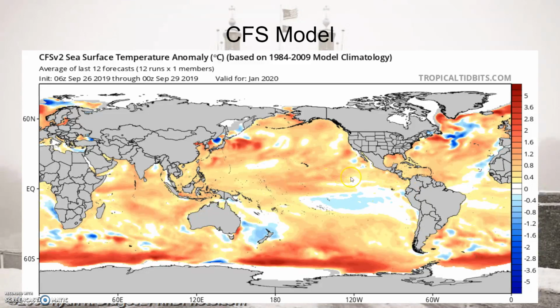And now we've got some of our favorites, our model runs. The CFS here is basically giving us a warm neutral in the ENSO region. It's got this positive NAO pattern going on, and it's got this big warm blob of Pacific warm water, which we saw all the way back at the start of the video.